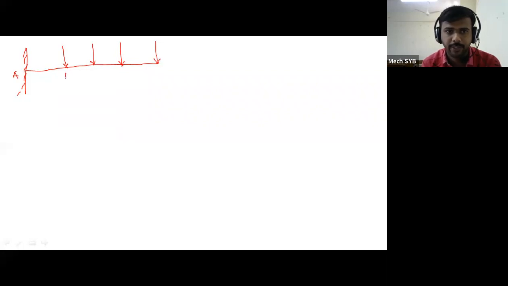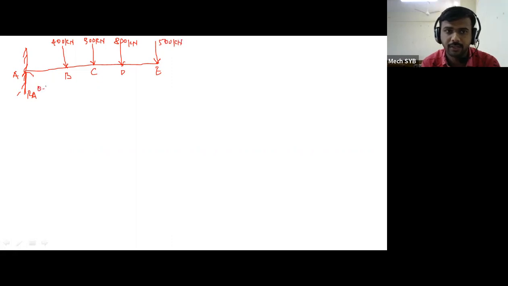So this is point A, B, C, D, and E. So here at point A, there is a reaction, means you have to represent RA. Okay. So this is of 400 kilonewton. This is of 300 kilonewton. This is of 800 kilonewton. And this is of 500 kilonewton.